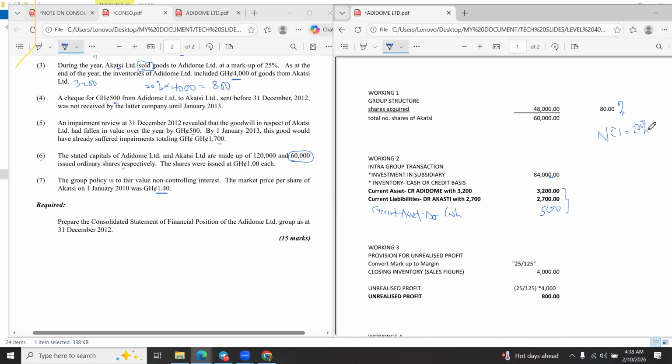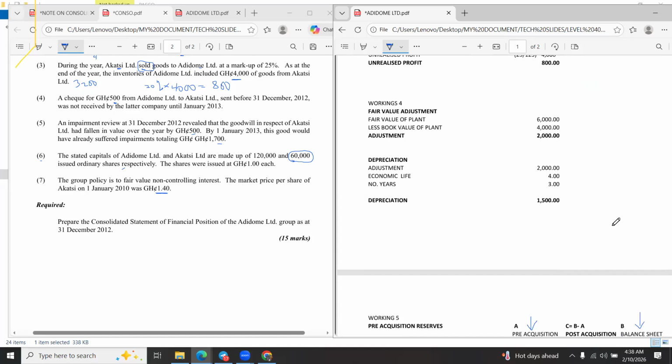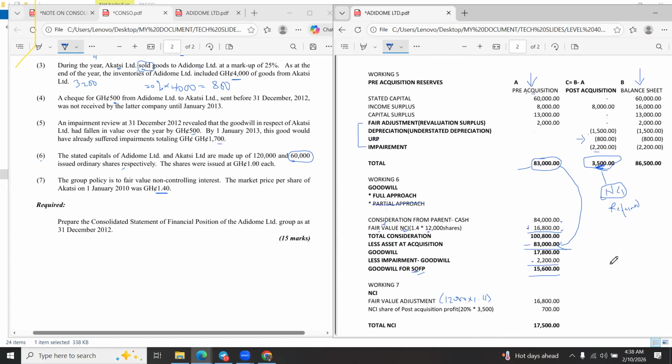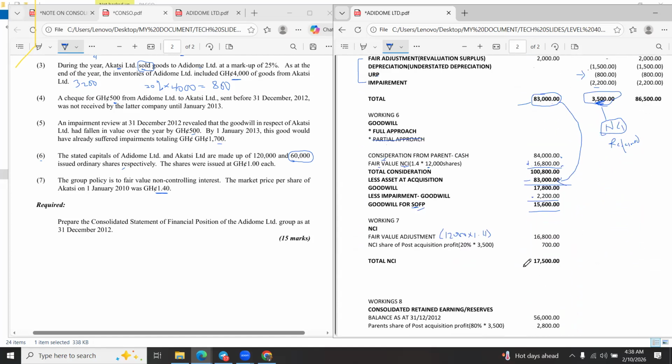So anything that they made as profit must be split and shared, and 20% of 3,500 gives us 700. Then we add them on to get what we call the total NCI. We have closed in on almost everything.